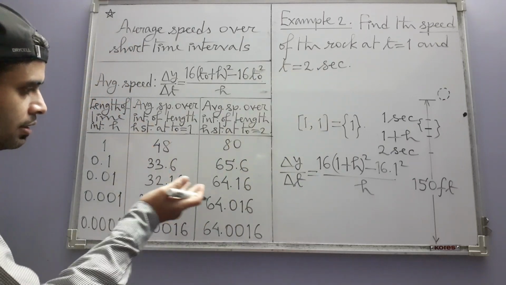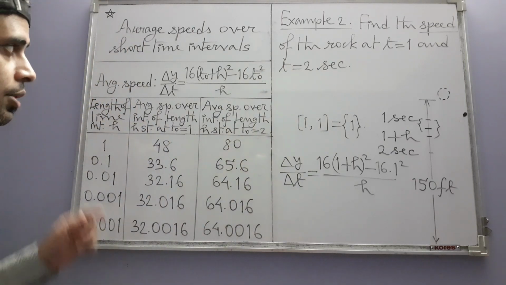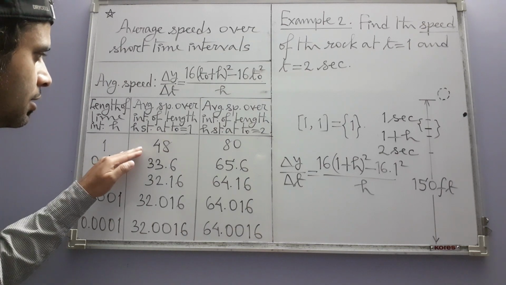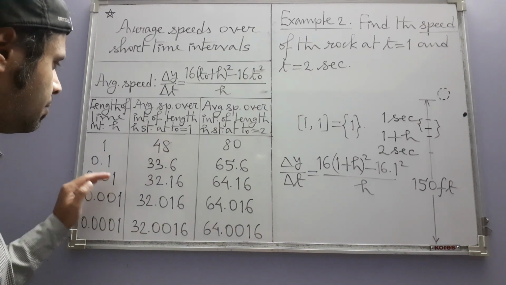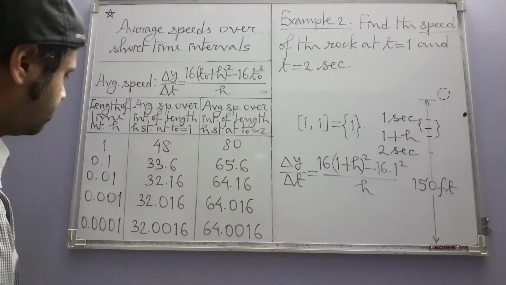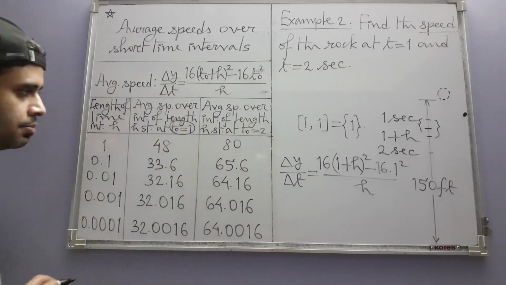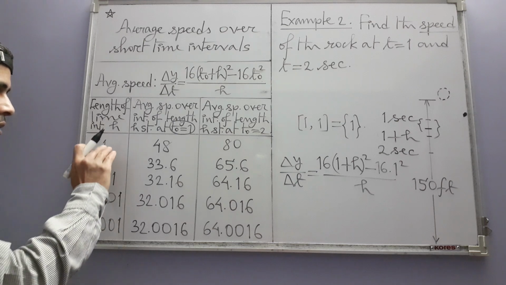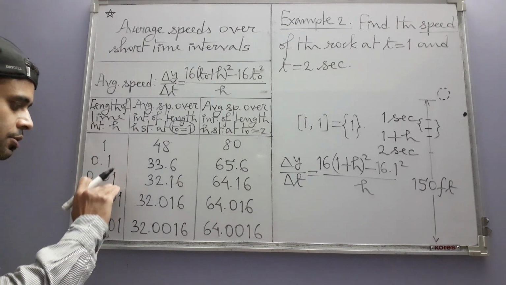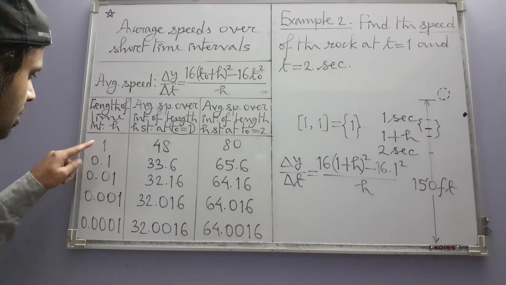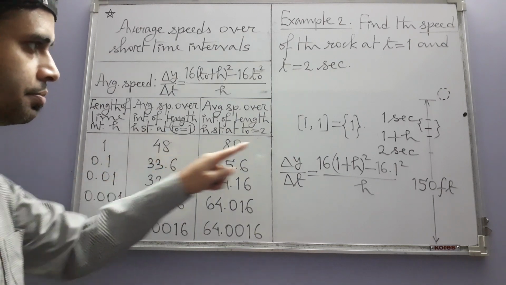we have the table like this. In this table, what the authors have done, or rather what we are doing, is that here t naught is 1, and we are taking smaller and smaller h values starting from h equal to 1.